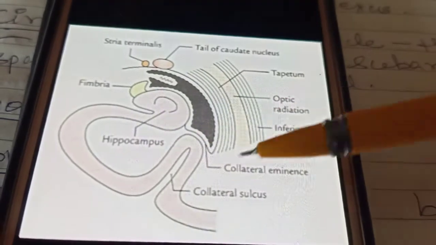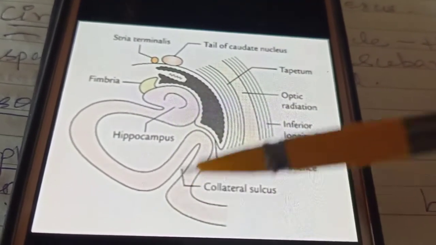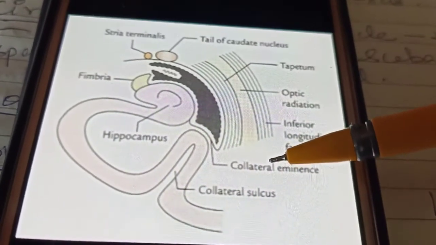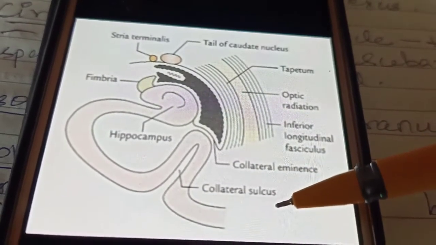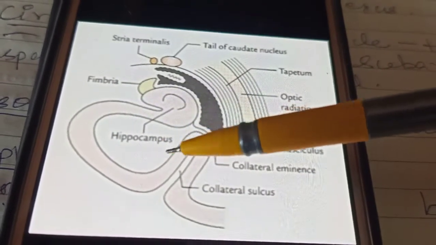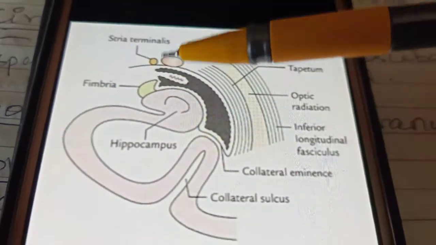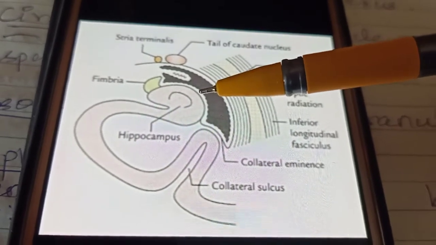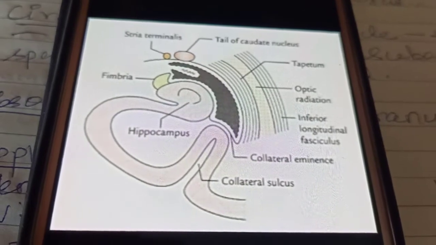The floor is formed from lateral to medial by the collateral eminence laterally, then the collateral sulcus, then the hippocampus, and here would be the choroid plexus. So this is about the presenting parts of the inferior horn of the lateral ventricles.